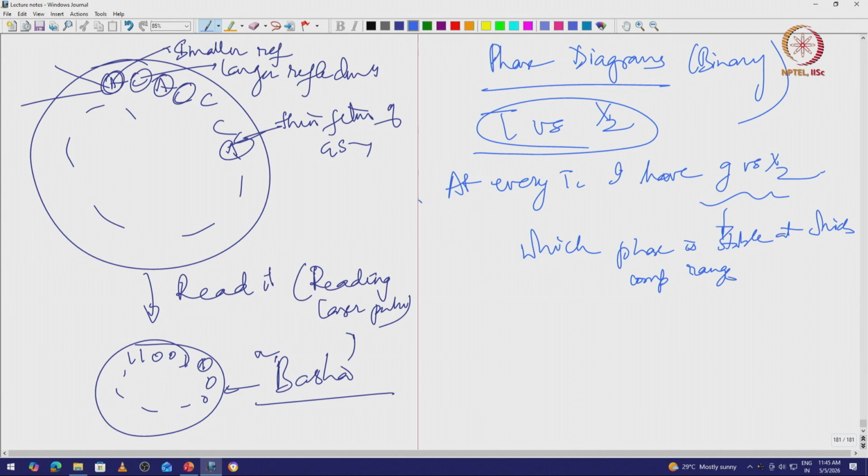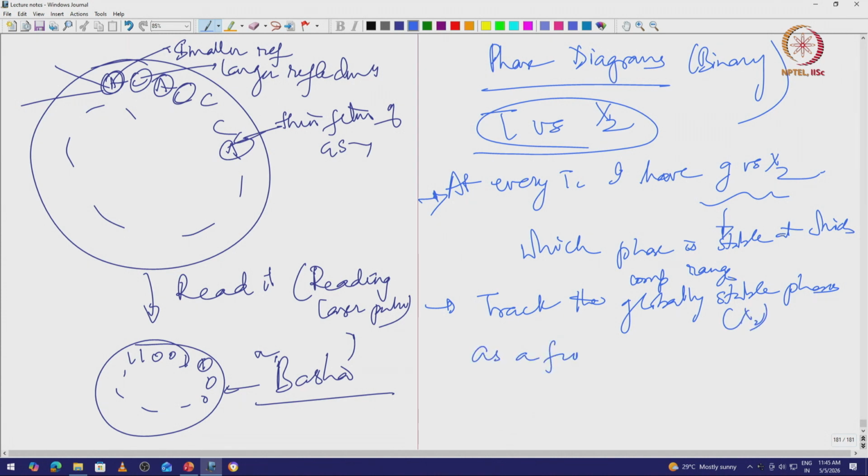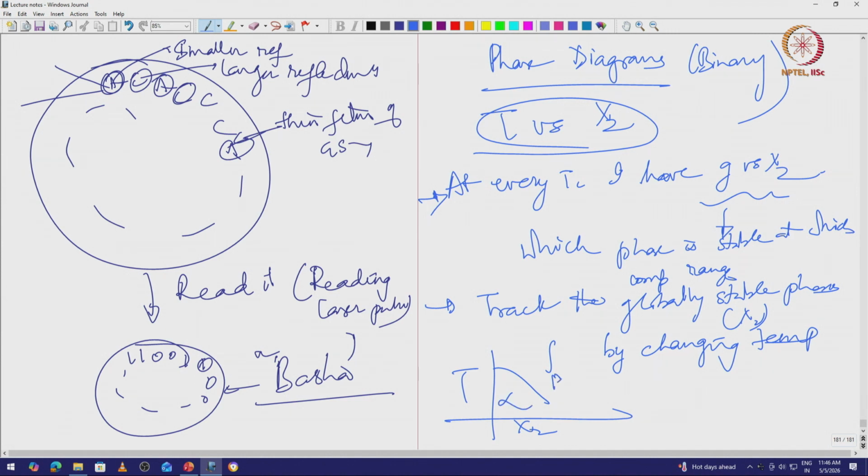Then I am going to track the globally stable phases as a function of composition, and as a function of temperature, by changing temperature. Eventually I am going to plot the locus of it as T versus X2, and then you see some alpha phase is stable here, beta phase is stable here.